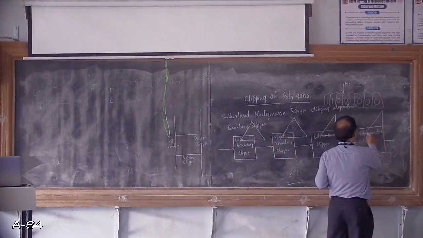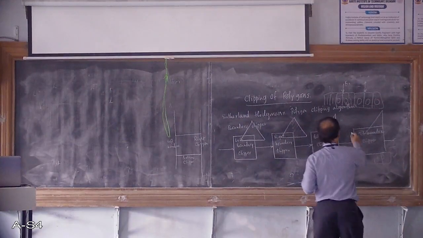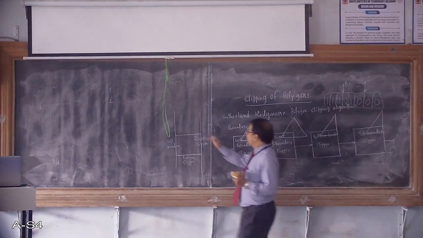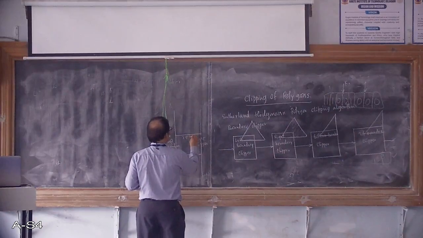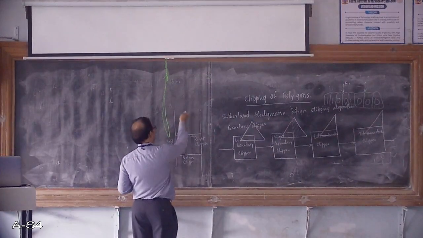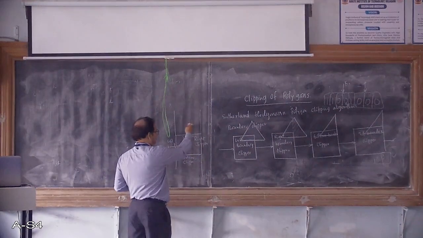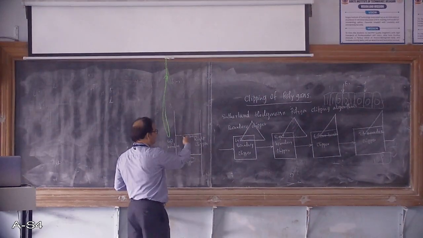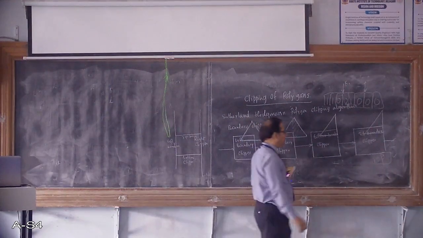Now for this top boundary clipper, as you know, anything above this boundary, this is the top boundary, any object lying above the top boundary is going to be eliminated because it is invisible, and the one which is below this top boundary is required to be retained.